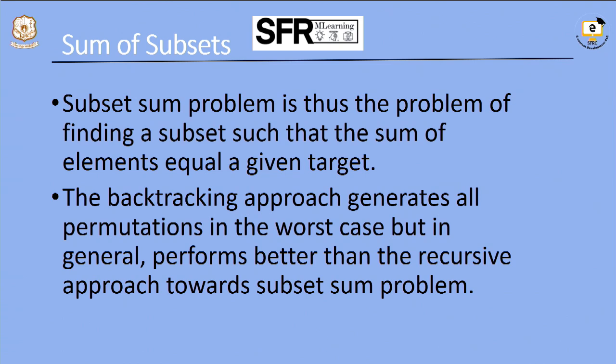So, summarizing the sum of the subsets problem, it is nothing but finding a subset such that the sum of the elements equals a given target. Now, where does the backtracking approach lie? The backtracking approach is going to generate the permutations in such a way that the sum of the total becomes equal to the target.